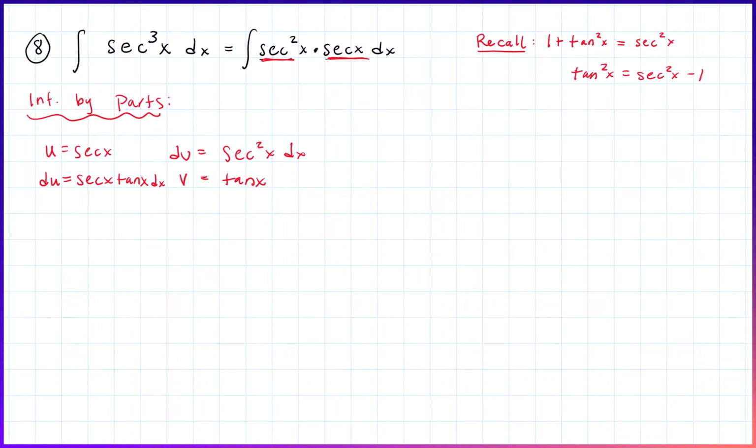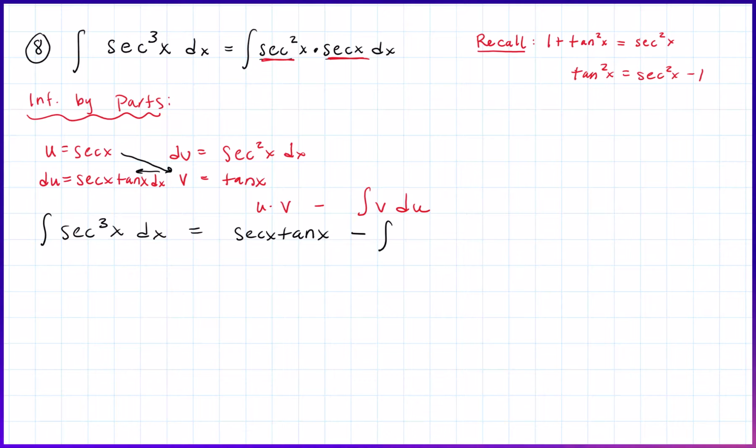And now I use my integration by parts. I'm going to multiply u times v and v times du. So I'm going to bring it all down here. So the integral of secant cubed of x dx is going to be equal to, remember my integration by parts tells me, u times v minus the integral of v du. So this is going to be secant of x tangent of x minus the integral of, now when I multiply those two together, I end up with the secant of x times the tangent squared of x dx.